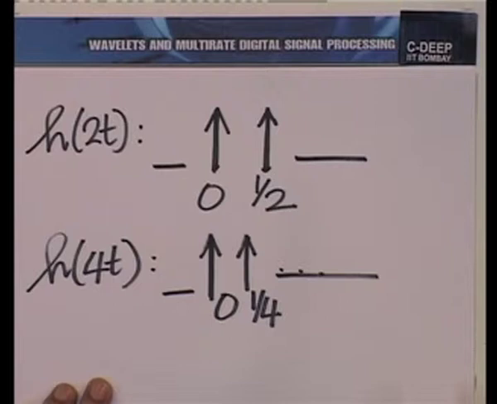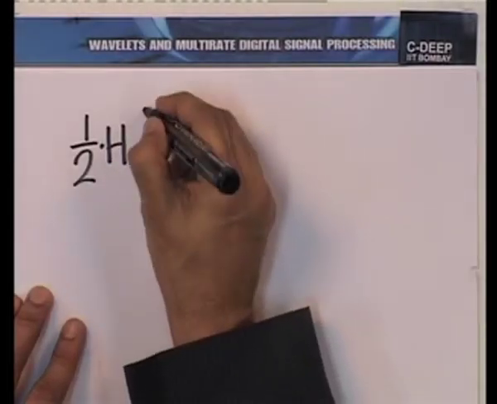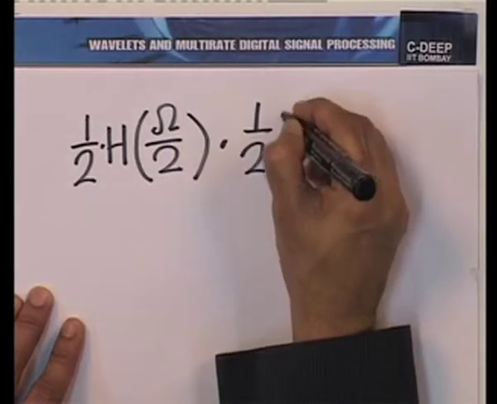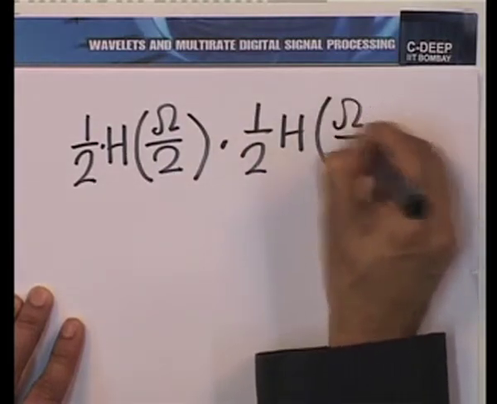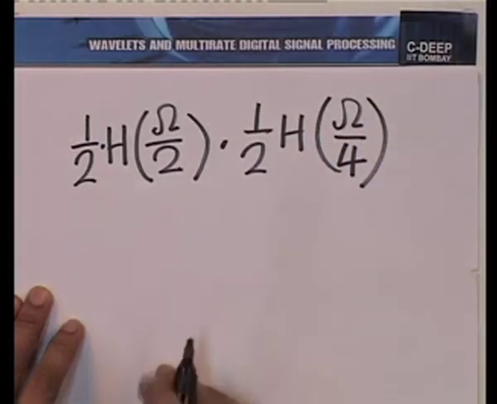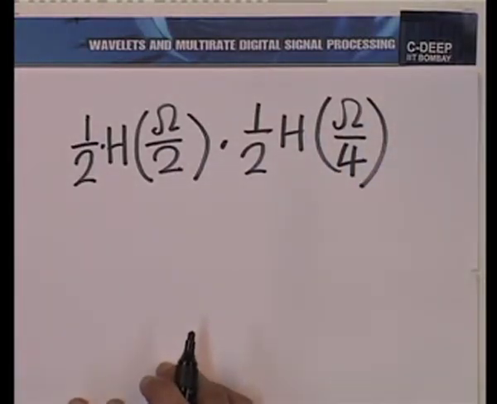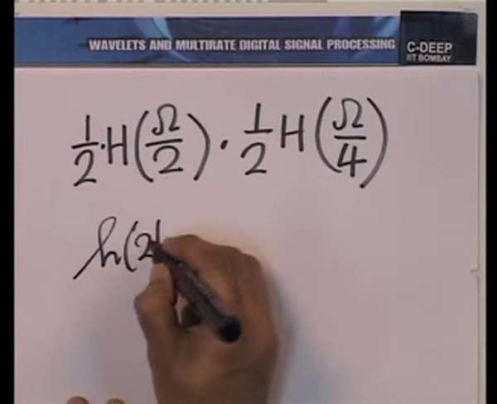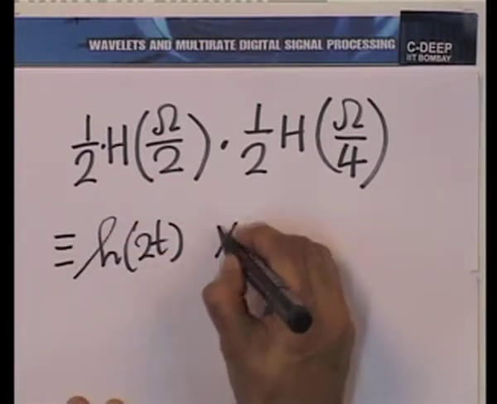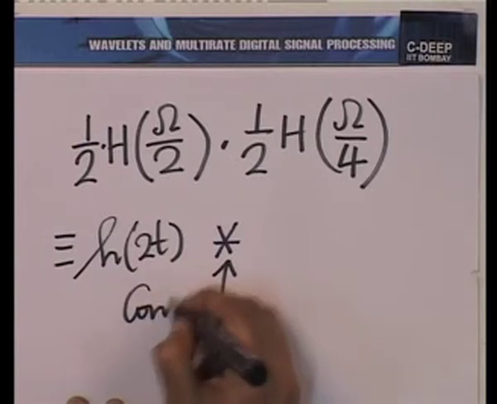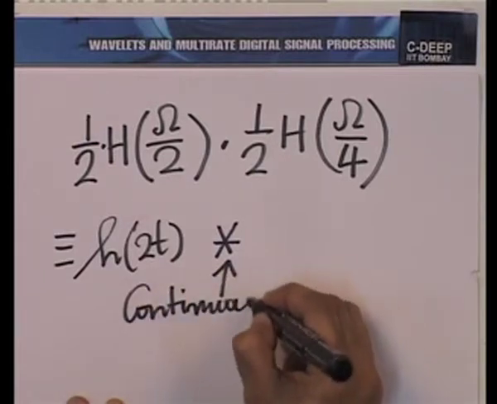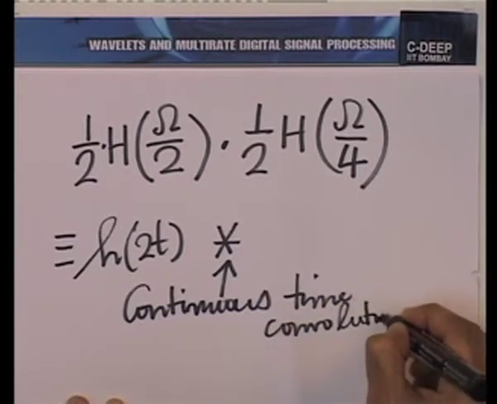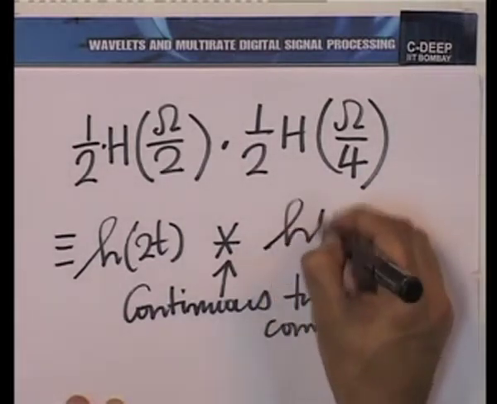So, if we take just the first 2 terms, half capital H capital omega by 2 times half capital H capital omega by 4, it corresponds to h of 2t convolved with, this is continuous time convolution here, convolved with h of 4t.